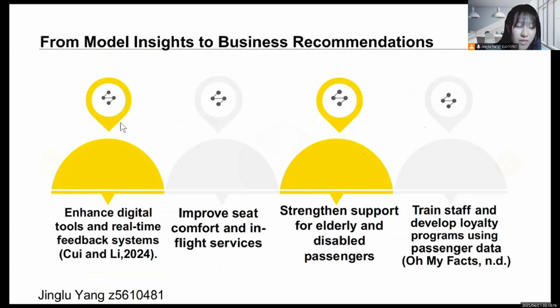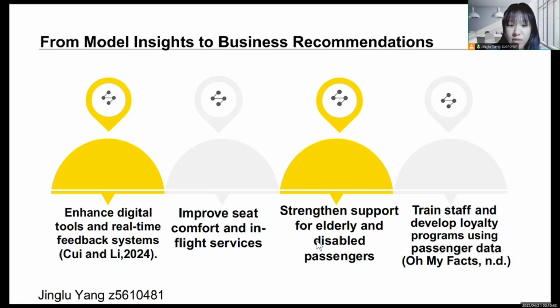From a business perspective, firstly, improve mobile applications and websites and adopt real-time feedback systems to monitor service quality. Secondly, the seat comfort of medium to long flights can be improved. Thirdly, improve the in-flight experience by enhancing dining quality, providing stable Wi-Fi, and so on.